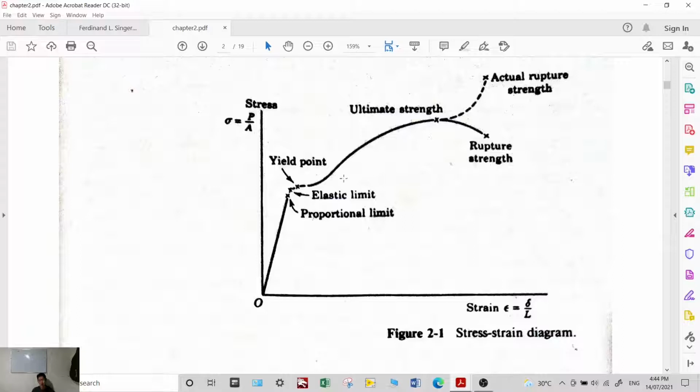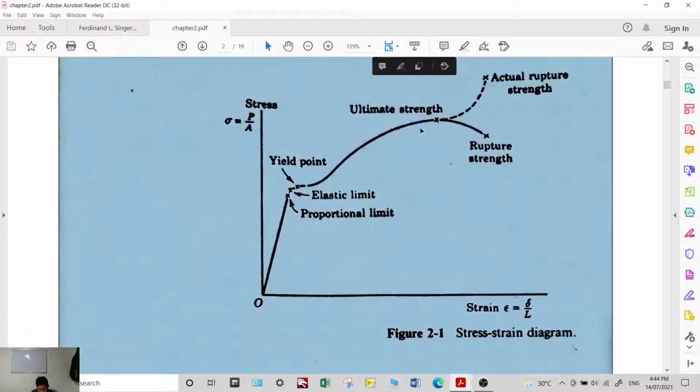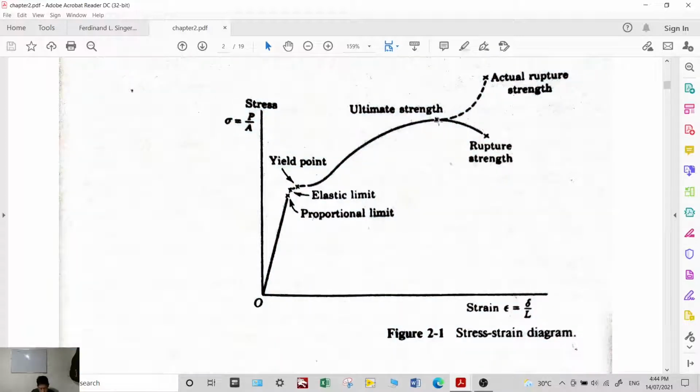Okay, so the material is now at the yield point. So there is now an appreciable deformation. And then you continue to increase the load. So the material will again deform. Medyo dako na po ang iyang pag-deform until such time that it will reach this ultimate strength.